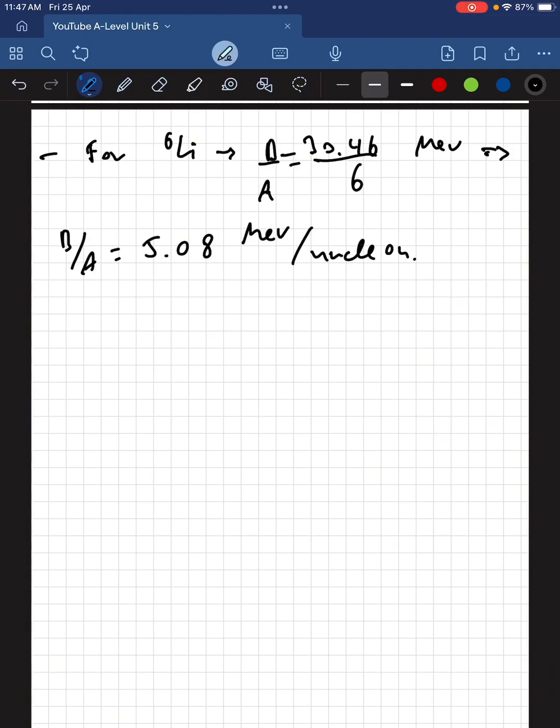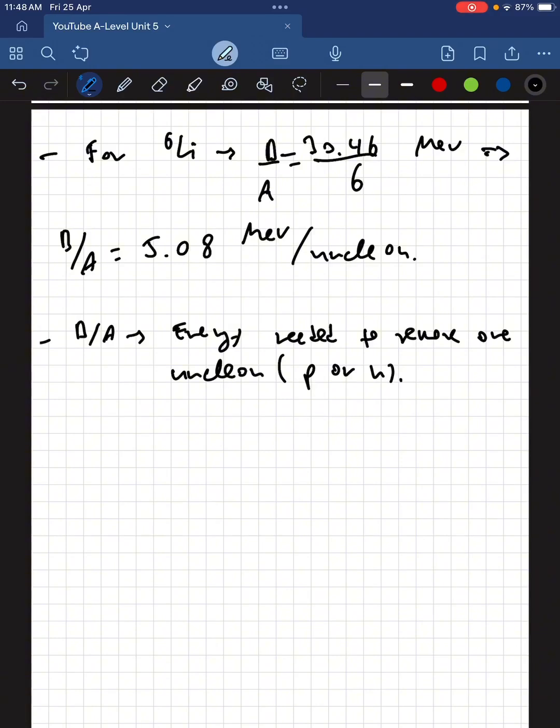So what does this signify? It's the energy needed to remove one nucleon from lithium-6 on average, okay? So B over A is the energy needed to remove one nucleon, either a proton or a neutron.